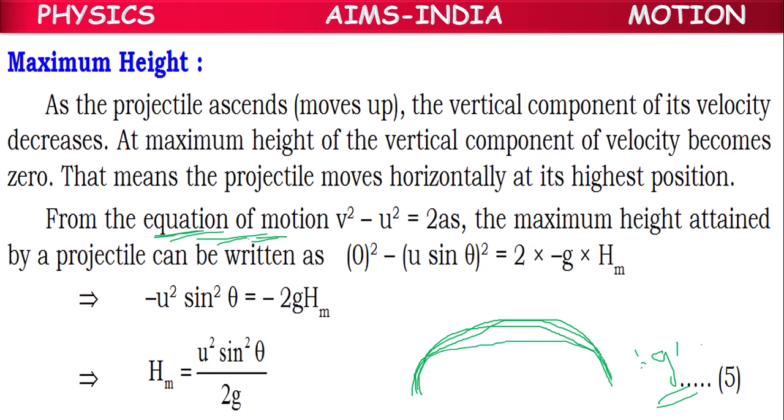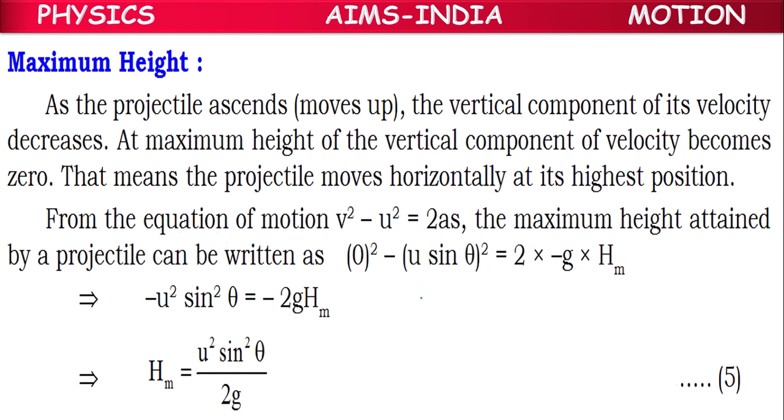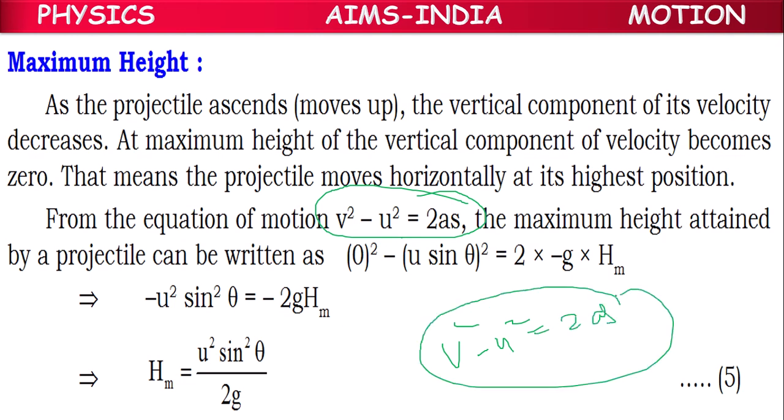So this motion is an example of uniformly accelerated motion. For uniformly accelerated bodies, we can apply equations of motion. So we have v square minus u square equal to 2as. This equation of motion is there.